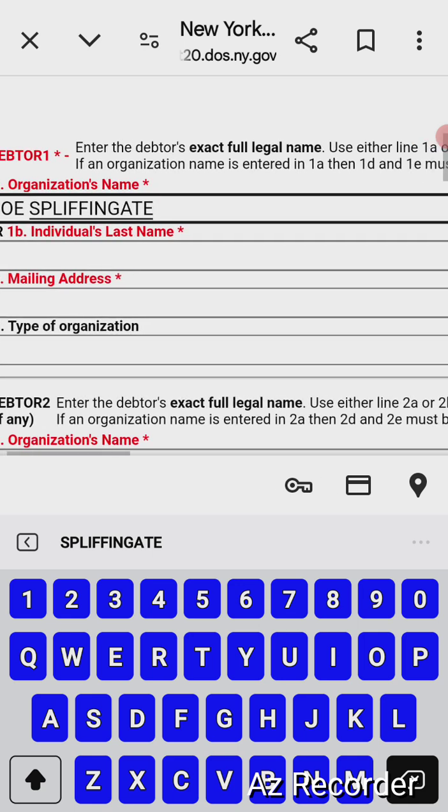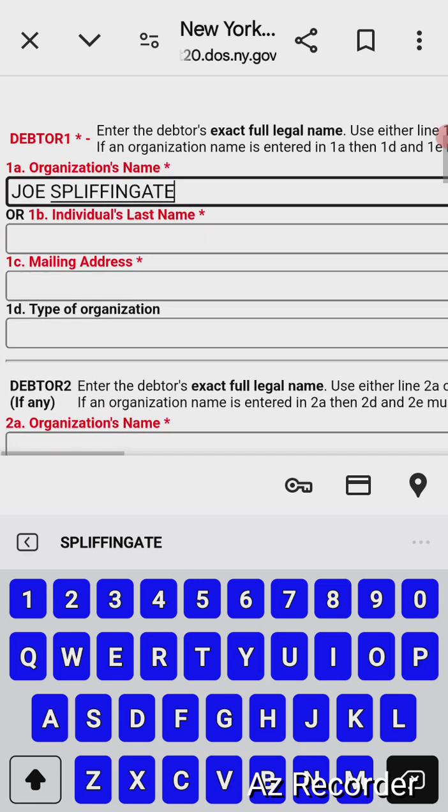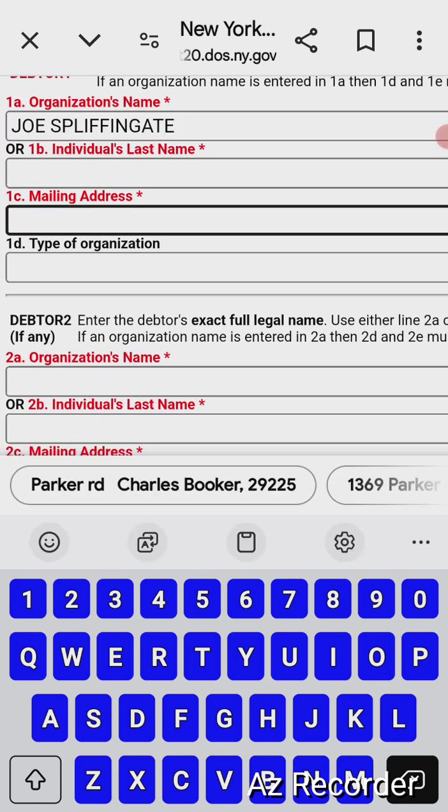Moving right along. Again, it's an organization. Going down, the mailing address can only be one of two places.